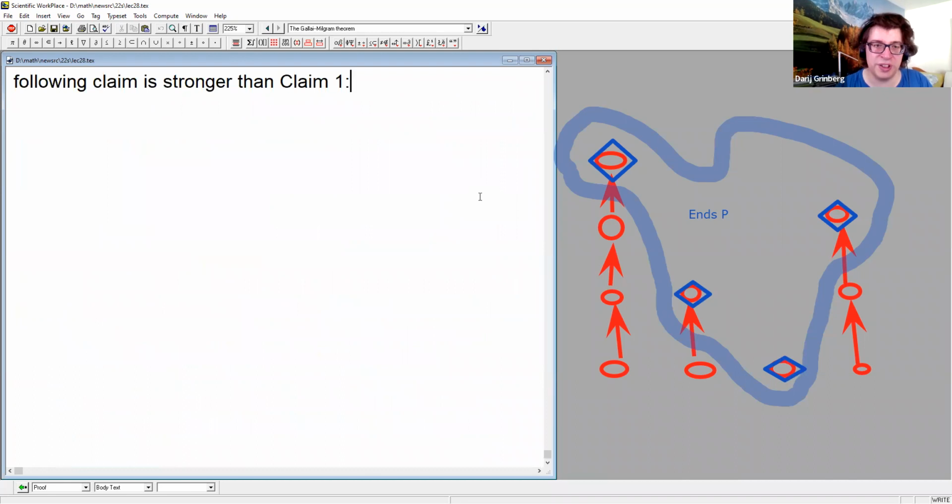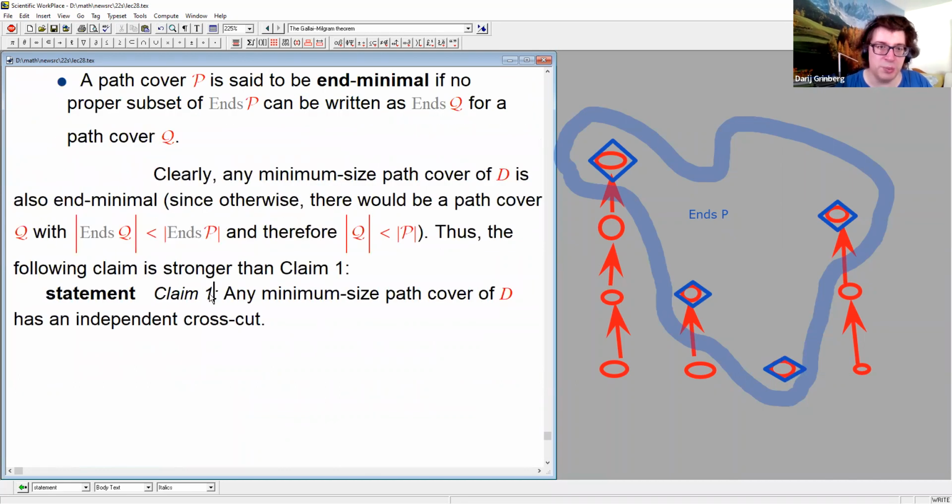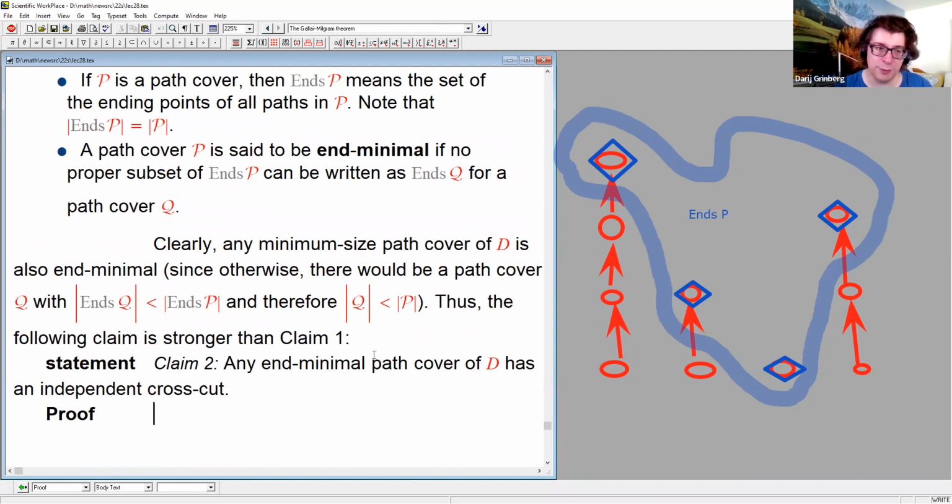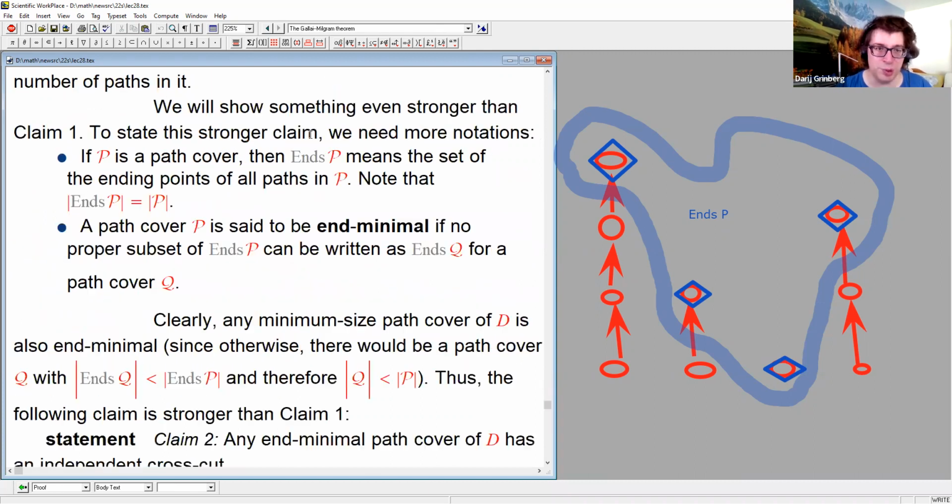The claim is that any end minimal path cover has an independent crosscut. Notice the word minimum versus minimal.